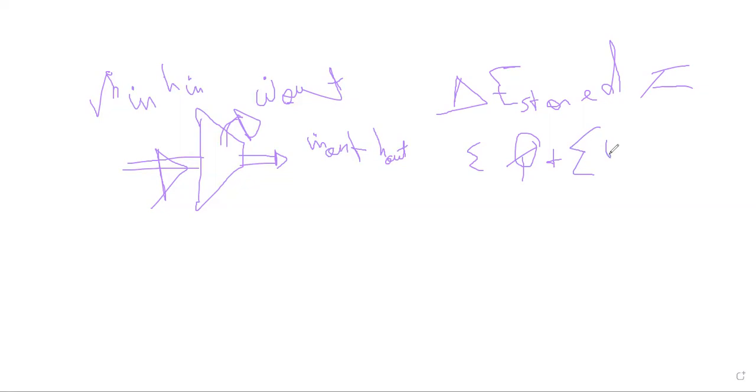So we write delta E stored is equal to sum of Q plus sum of W. Here what we add is the energy of fluxes coming in minus the energy of fluxes getting out.